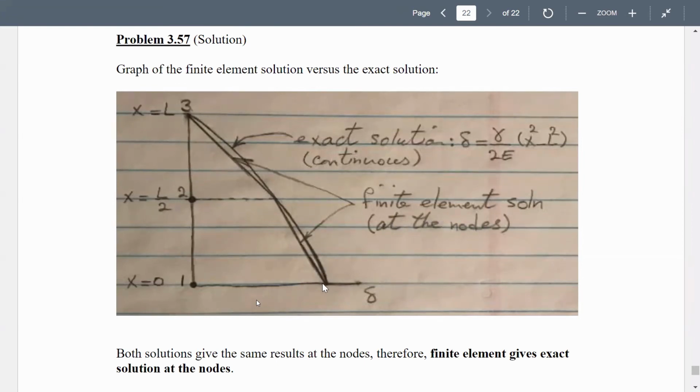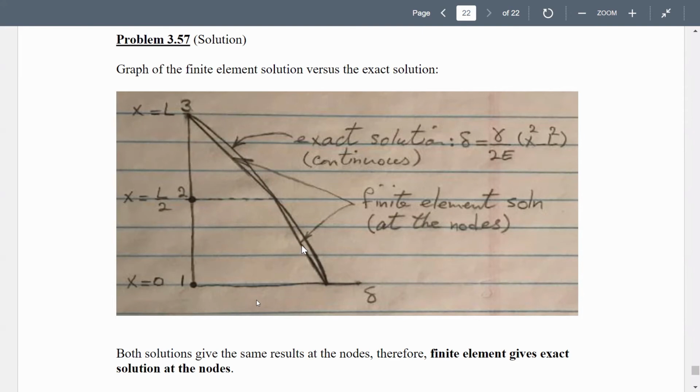Now, from here, if you draw a curve like this, we saw that at node 1 and 2, the finite element solution and exact solution match. So actually at this node, we have the same solution.